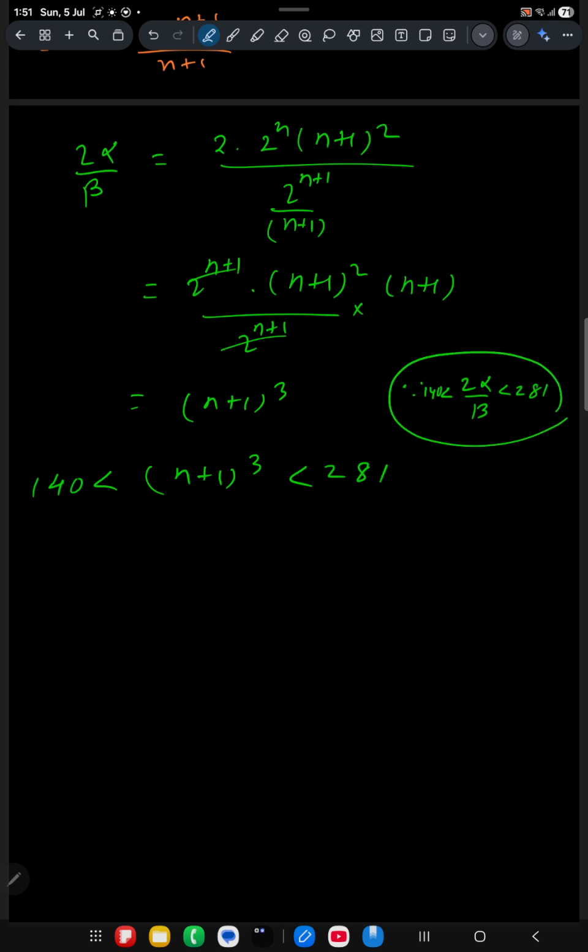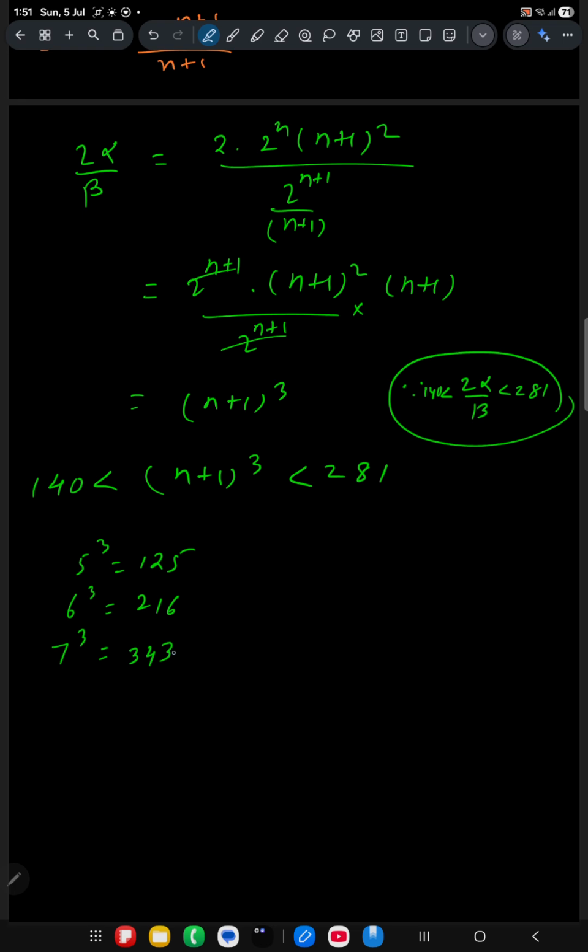This was given in your question. So you know that 5 cube is 125, 6 cube is 216, 7 cube is 343.